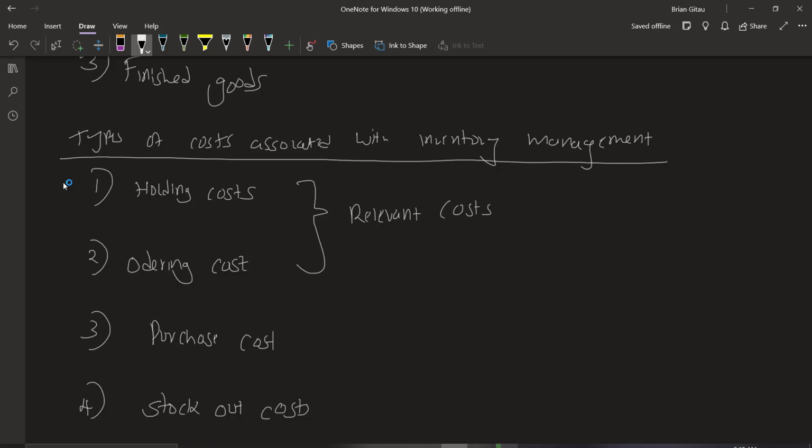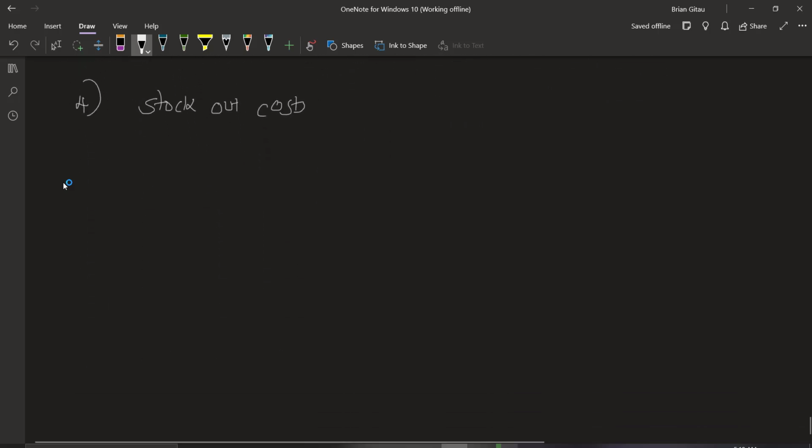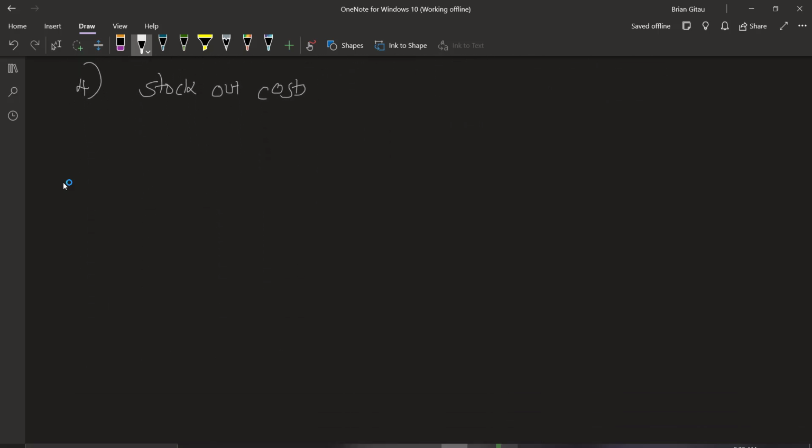This will occur when a company orders an economic order quantity. So our main objective in inventory management is to reduce the relevant costs, and the relevant costs include the holding cost and the ordering cost. To do that, we will need to get what we call the economic order quantity.